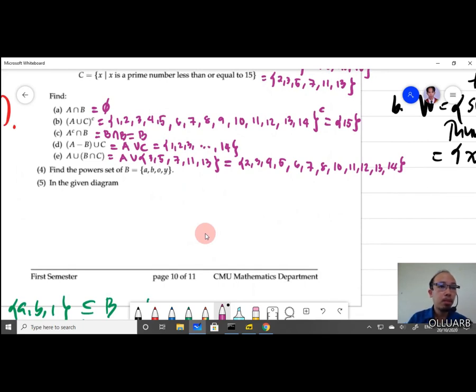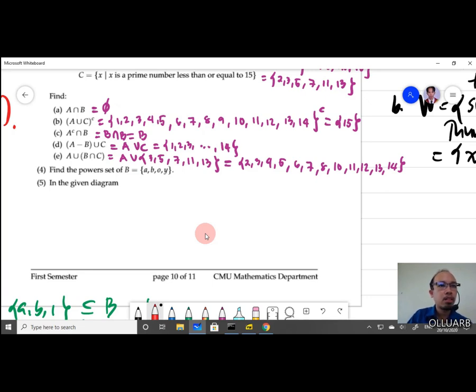For number 4, we have 4 elements. So the power set of this set is the same as in the example before. I will not answer this question.